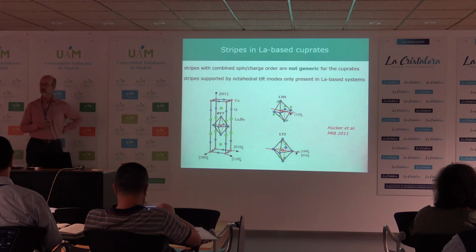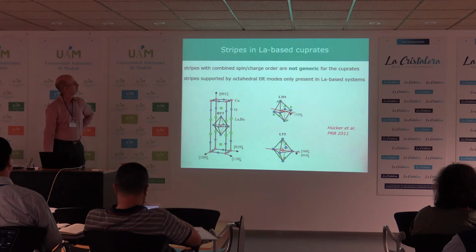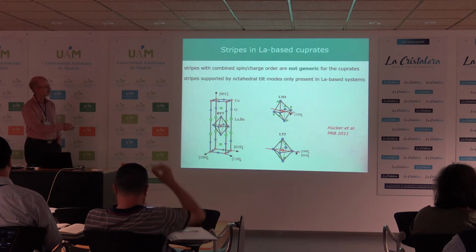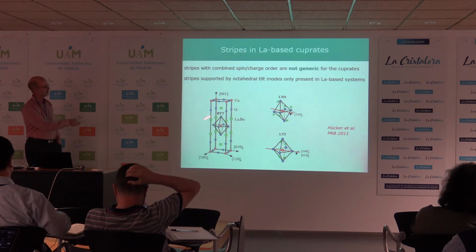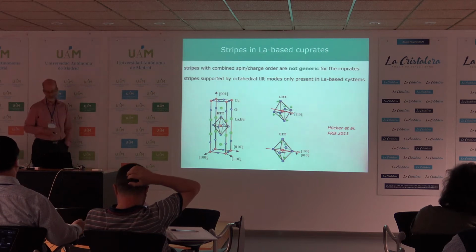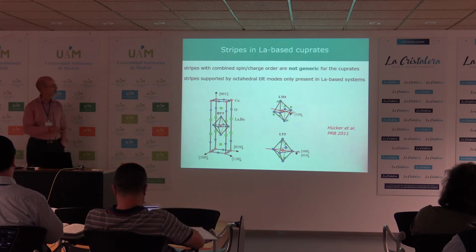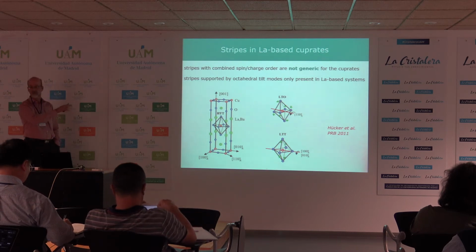So this type of stripe state was soon realized to be a peculiar phenomenon for this particular cuprate family. And well, it's now known why this stripe order is particularly stable in this family. This is because there are some soft tilting modes. So here you have actual octahedra of oxygen surrounding the copper, and these octahedra can easily tilt in different directions.